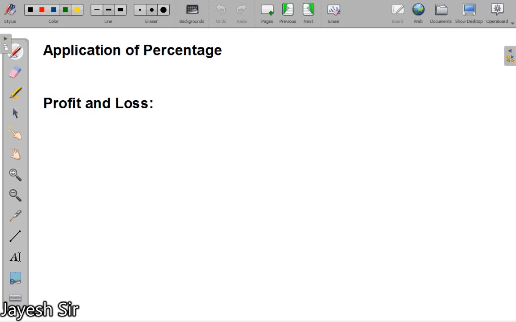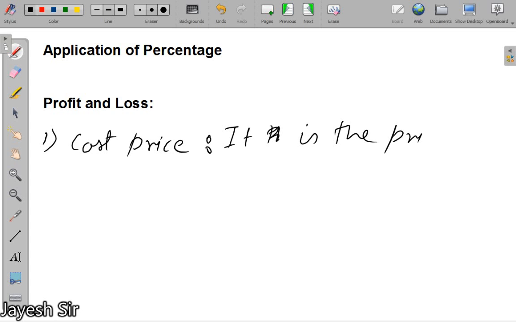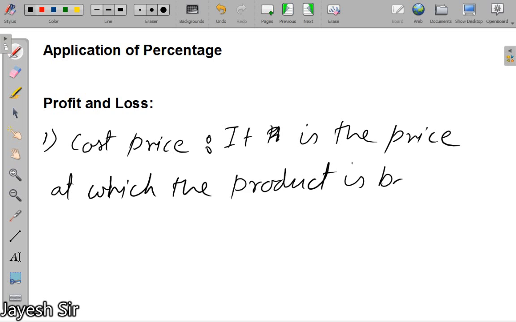So there are some terminologies associated with this transaction. First is cost price. Cost price is the price at which the product is bought.